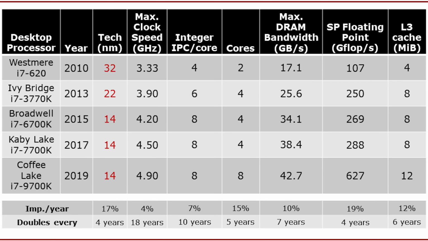However, if you use the same calculation, performance indicators such as the clock rate, instructions that can be executed per cycle, the number of processor cores per CPU, the maximum memory bandwidth, and the size of the last level cache have a longer doubling rate over this period. The good news is that floating point performance is keeping pace with Moore's law.